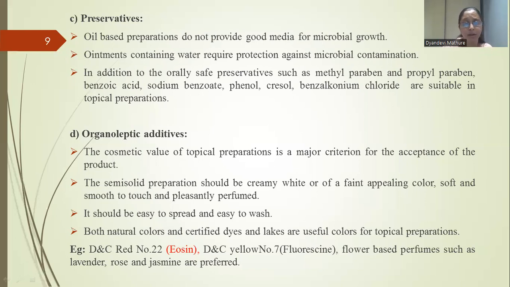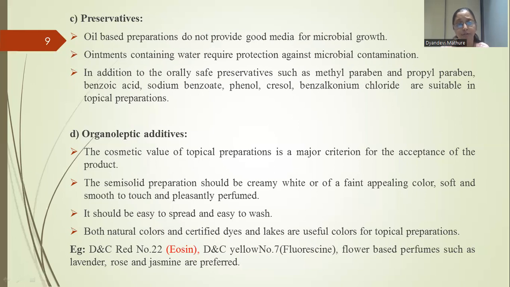Understood? So these are the various formulation excipients or ingredients which are to be added in the preparation of ointment. Starting with the drug, then the ointment bases. According to the base, we need to select the drug. Then we need to add buffer to maintain the compatibility of your preparation with the skin, as well as to maintain the pH of your formulation so that it is compatible with the skin.